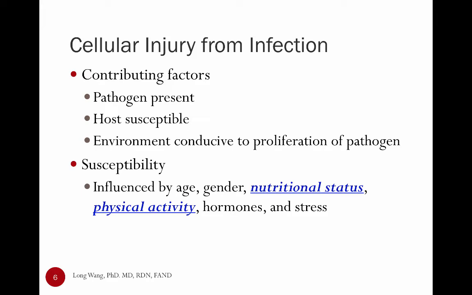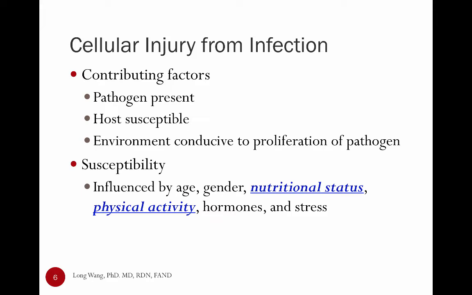A lot of these factors are not modifiable, for example, age and gender. And in certain cases, say hormonal imbalance could also lead to this vulnerability, and stress. Right? We already mentioned stress is known to cause a suppressed immune system.